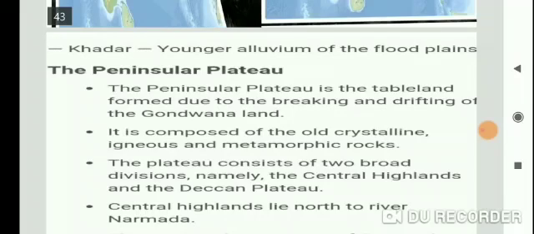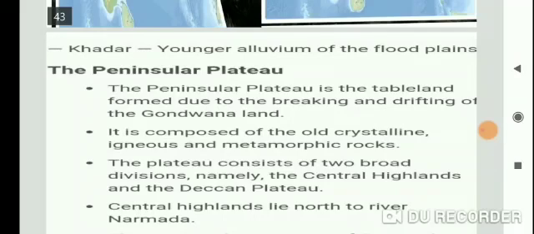It was formed due to the breaking up and drifting of Gondwana land, and thus it is a part of the oldest land mass. The plateau has broad and shallow valleys and rounded hills.